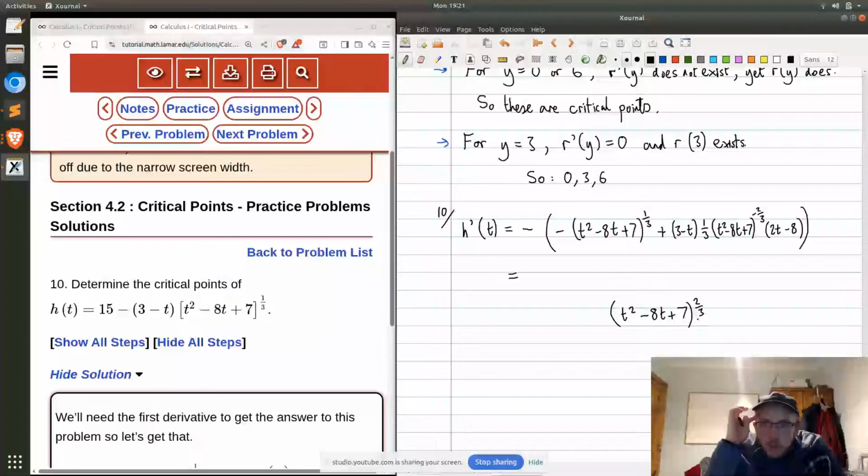It's down there. And all of that is being raised to the 1/3.